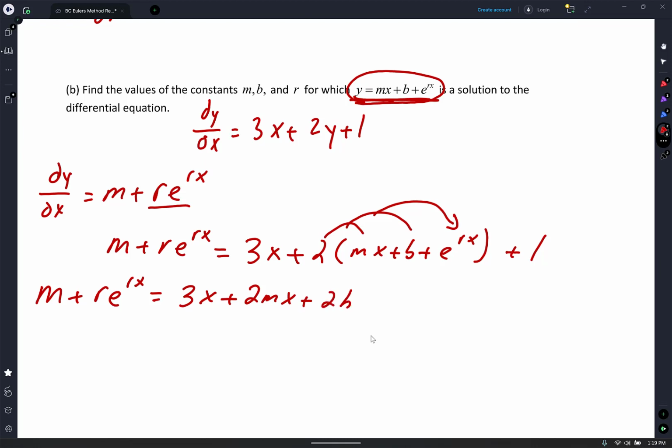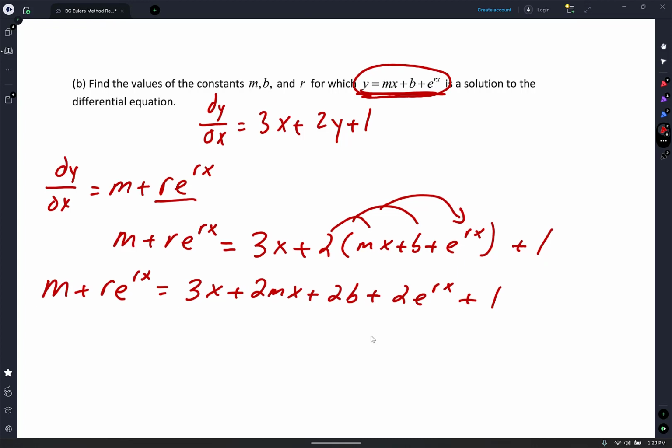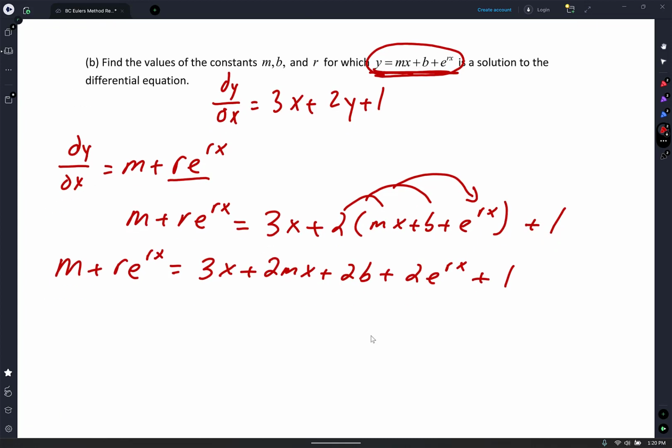2mx plus 2b plus 2e to the rx plus 1. Okay, yes. I'm going to rewrite this. I'm going to group that. Okay. m plus r e to the rx equals 3 plus 2m.